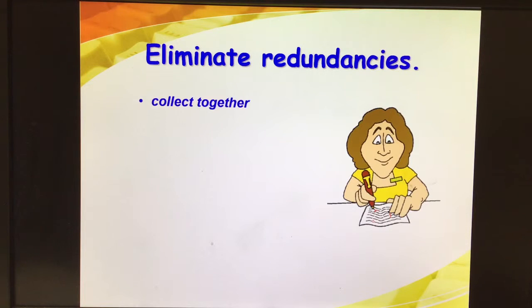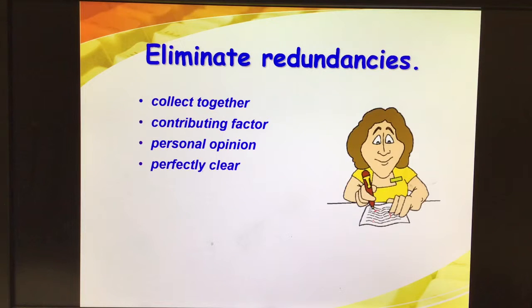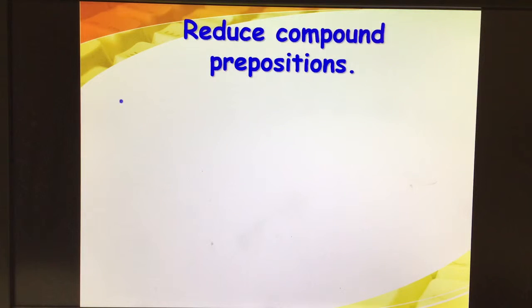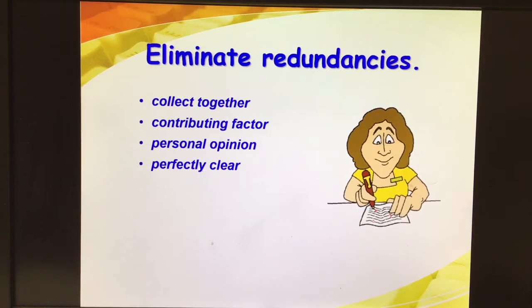Eliminate redundancies. Redundancies simply mean, in this case, phrases, collections of words that really don't say anything or add anything. Collect together: you could just say assemble or collect. Contributing factor: it's a factor. Personal opinion: how about in my opinion?